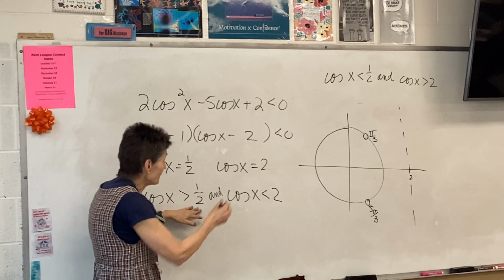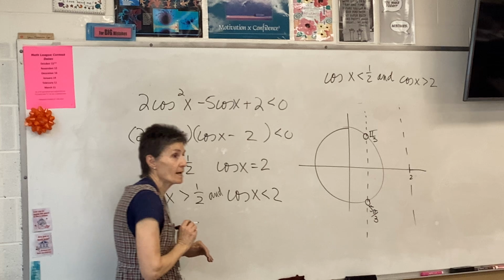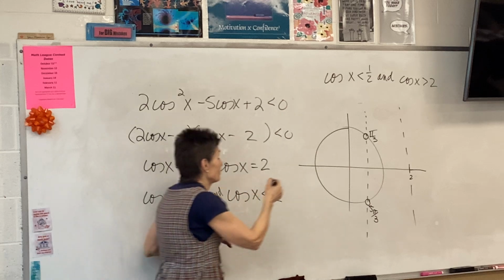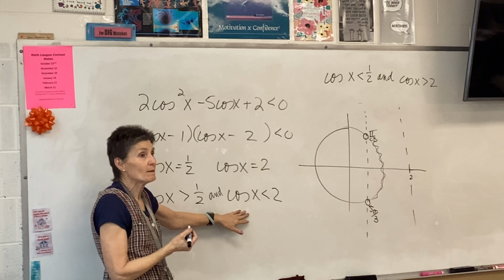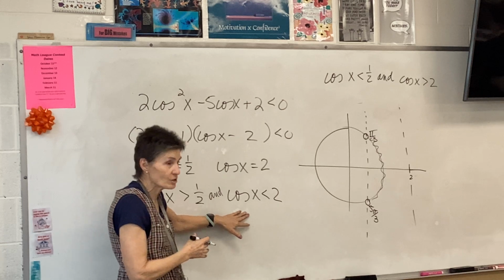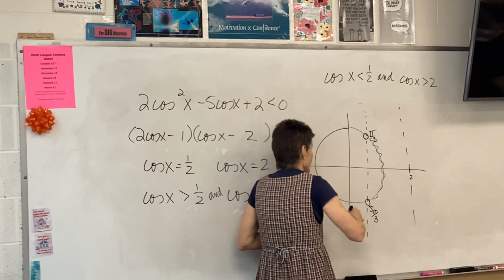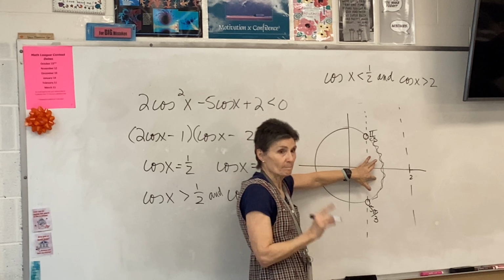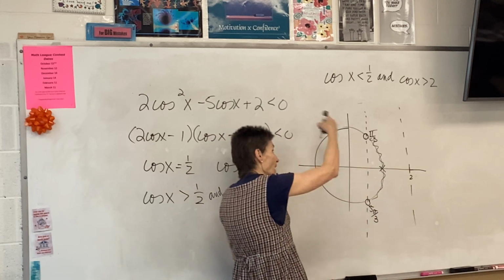All right, so we already know where the cosine is 1/2. Right there's where the cosine is 1/2. So for case 1, we want to be bigger than that, and we want to be less than 2. Isn't the cosine always less than 2? The whole circle? So the whole circle is shaded and this is shaded. So isn't that my answer to case 1? But again, be careful when you answer it. You have to start at 0 and go that way.